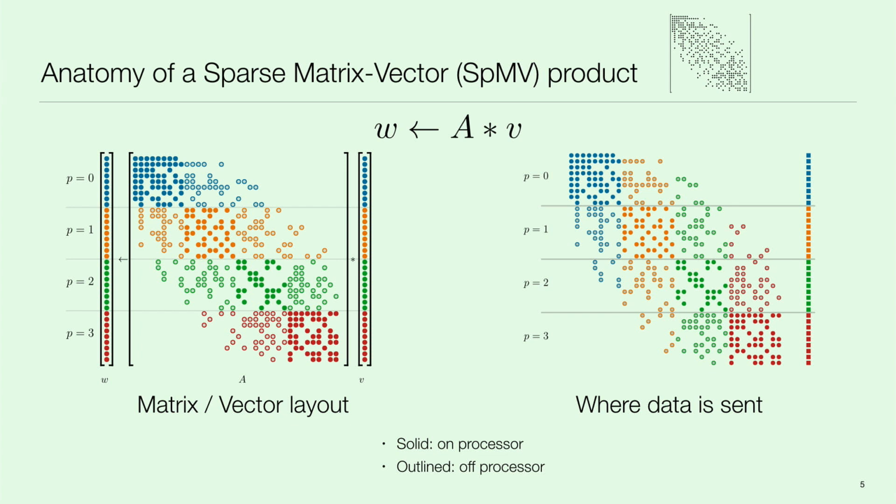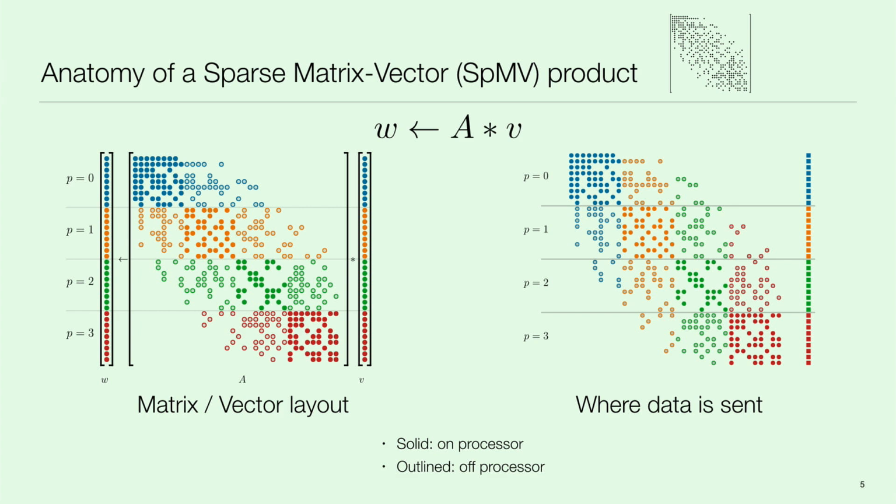The ones that are outlined on the side require communication of the vector data. On the left, I distinguished these colors by where the data lives. It's row-wise on each processor. And on this one, I've colored it in terms of where the data is sent.